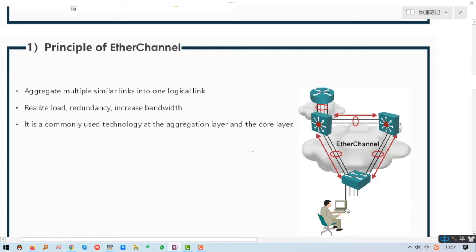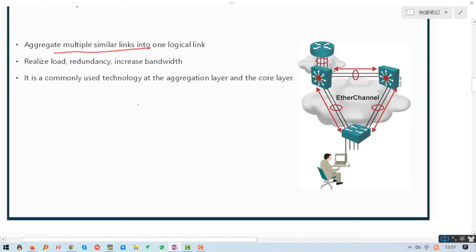We know EtherChannel aggregates multiple similar links into a logical link, and it can realize load balancing and redundancy and increase bandwidth. EtherChannel is a commonly used technology at the aggregation layer and core layer.